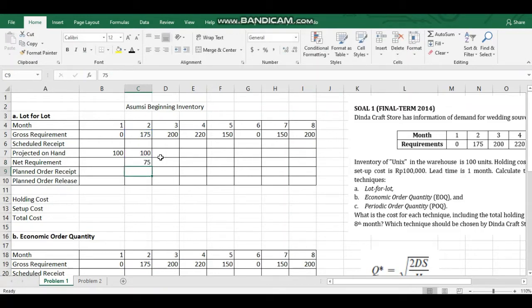So to find the net requirement, we reduce the gross requirement, the units required, by the 100 we already have in hand, so we have to fulfill the remaining units, which is 75 units. And how to fulfill the remaining units is we have to place an order, because there is a shortage. But remember that the lead time is 1 month.